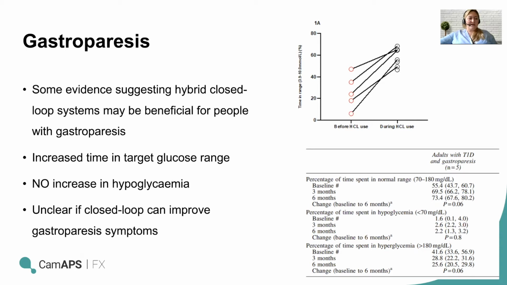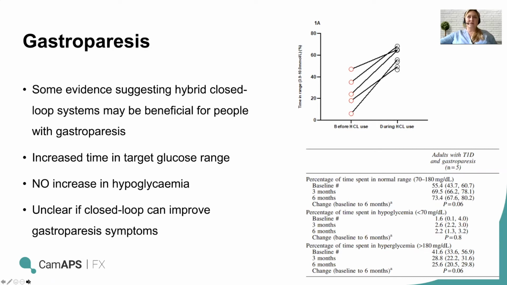What the data so far has shown is that there's increased time in the target glucose range using hybrid closed loop systems, without, importantly, having any increase in hypoglycemia. But it's yet unclear if closed loop systems can improve gastroparesis.